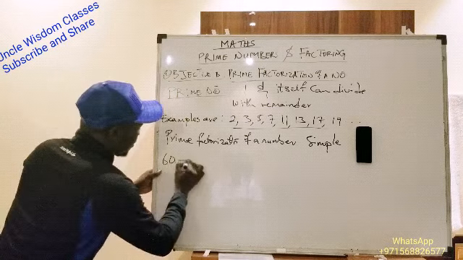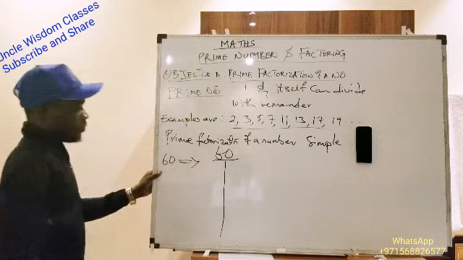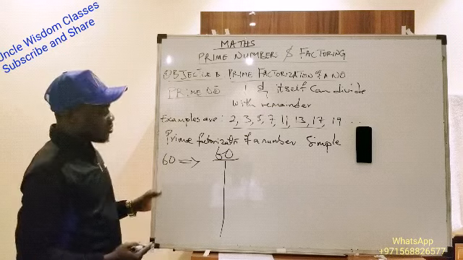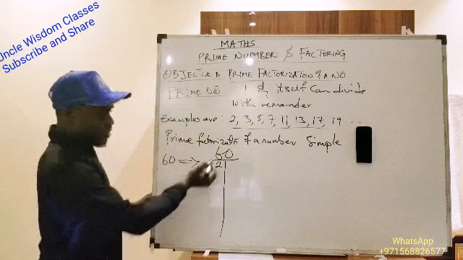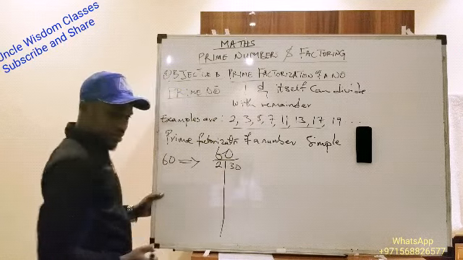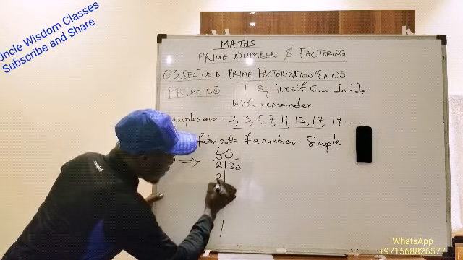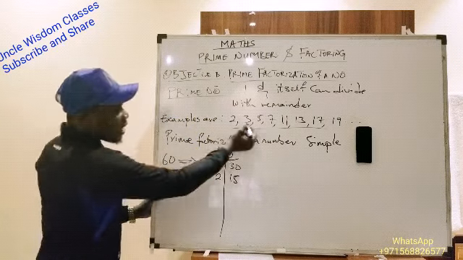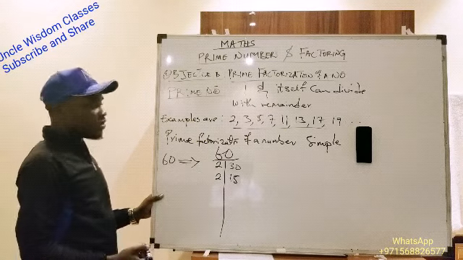We can use T diagram to factorize this to get the prime numbers, prime factors. 2 can divide 60 to give us what? 30, right? And at the same time, 2 again can divide 30 to give us 15. I'm using the prime numbers to divide now. I'm not using composite numbers.